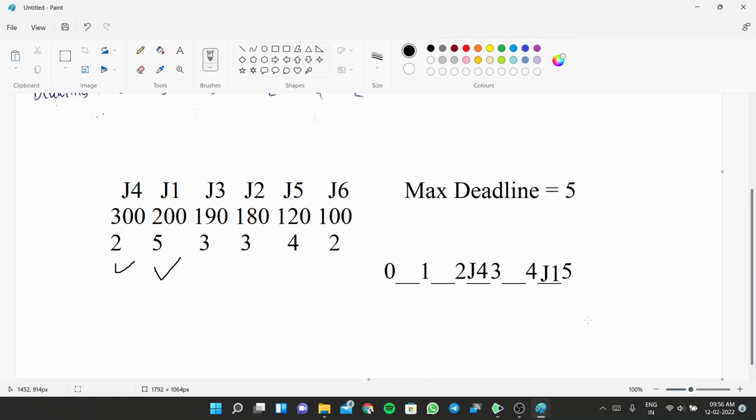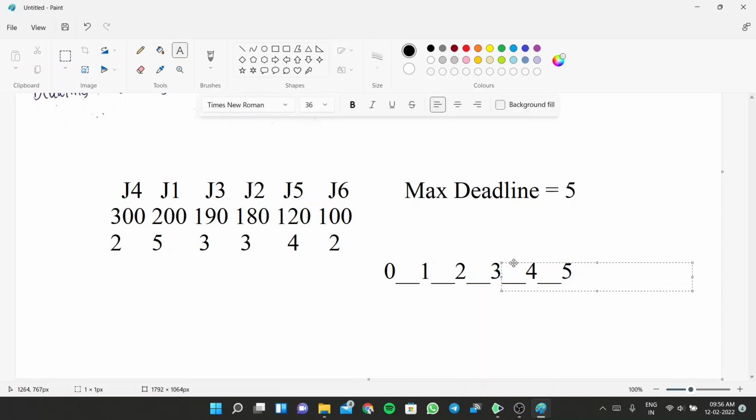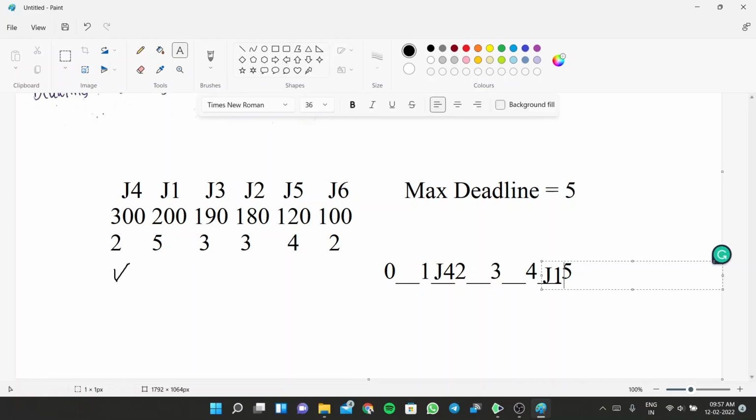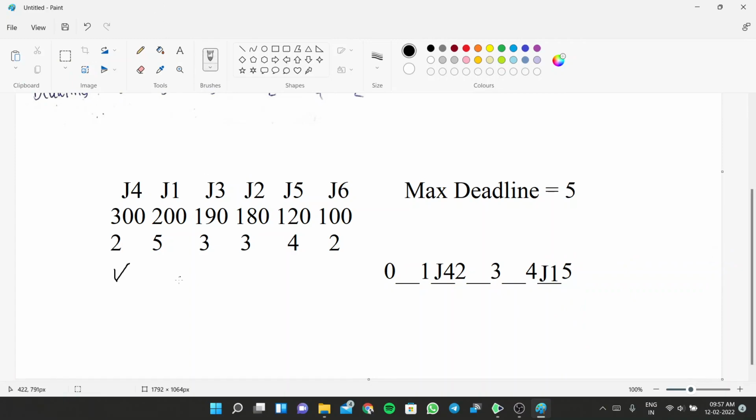And then job 3, which should be done before 3, but actually this should be done before 2. I made a mistake. So before 2, sorry, it should be placed here. So J4 before 2 is done, and J1 before 5. Work should be completed before the deadline, so we mention it before that. And then before 3, job 3.